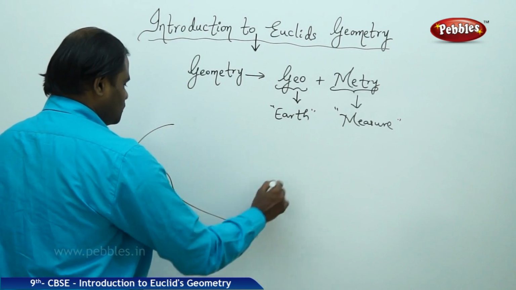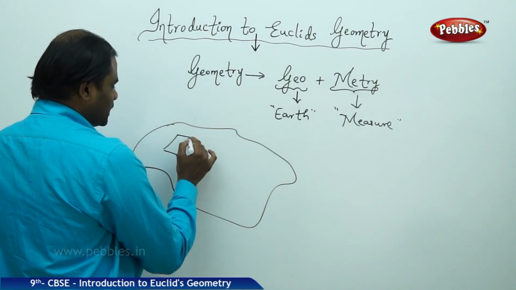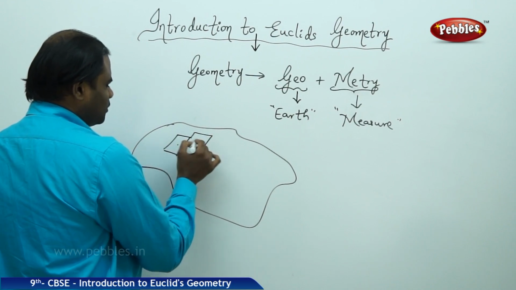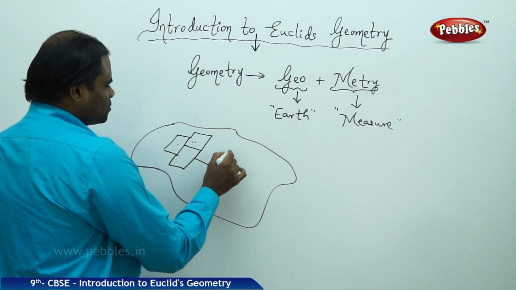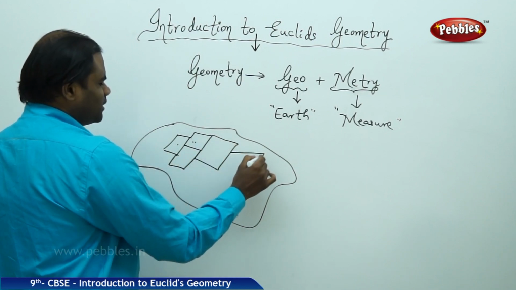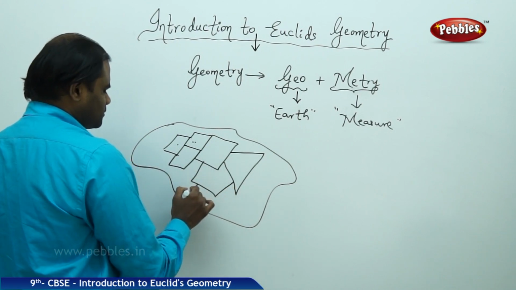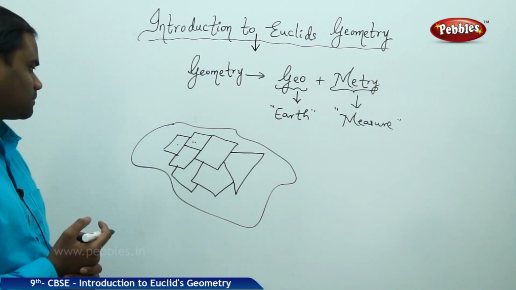Every land was divided into different farms and then connected with the farm of the other farmer. So they had many irregular shapes for their farms.